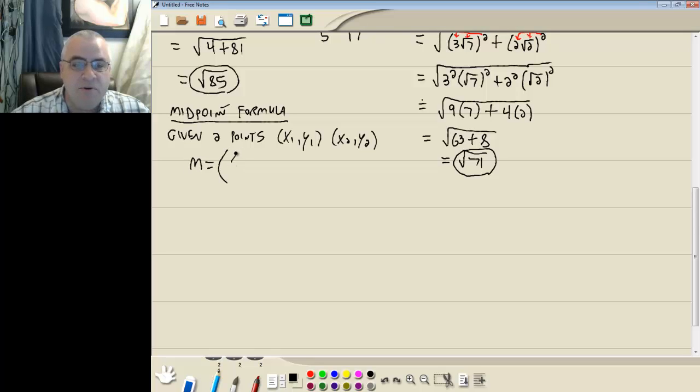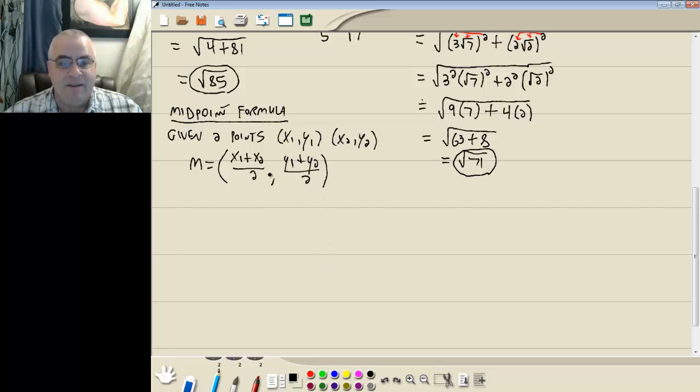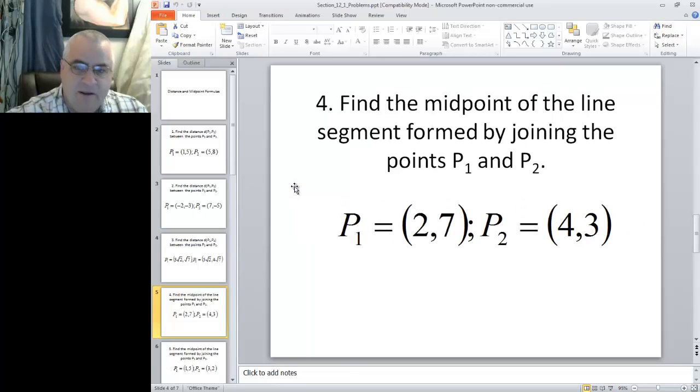M is equal to x1 plus x2 divided by 2, comma, y1 plus y2 divided by 2. Basically, you're averaging them. When people work with these problems, typically you don't need to put extra parentheses in. Very rarely do people mess up on signs on these.